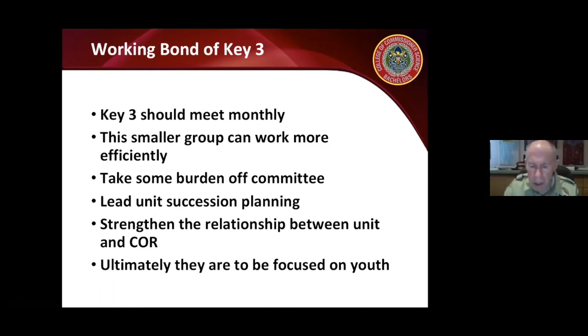I went to a training session one time, and this was brought home by a plan that they had and a picture of a target with its different circles. And in the center of that target was a picture of a Cub Scout face. So we knew, and that has remained with me for years, our focus, the target of our efforts needs to be the youth.